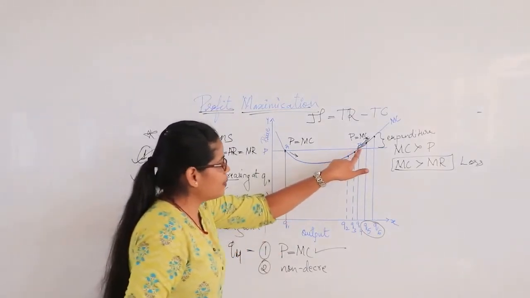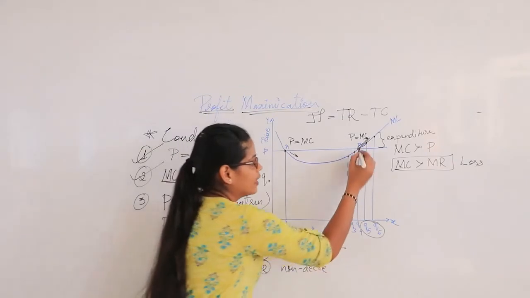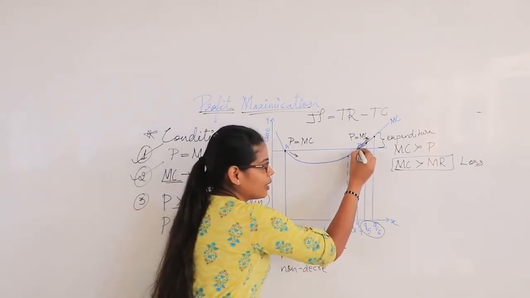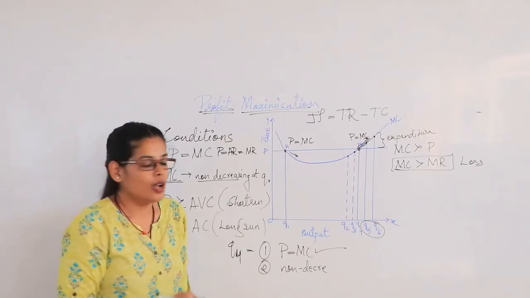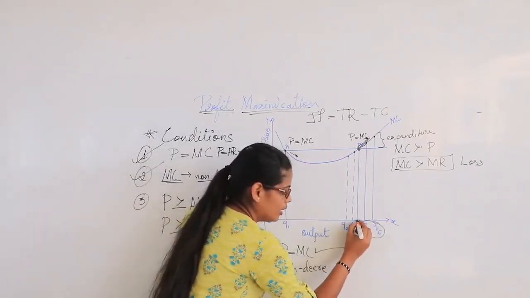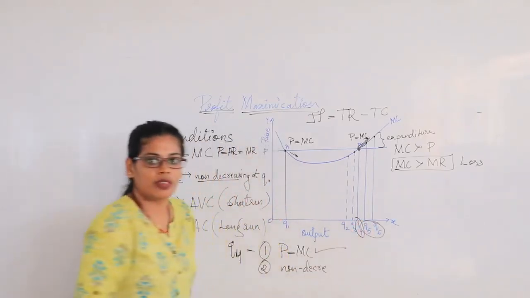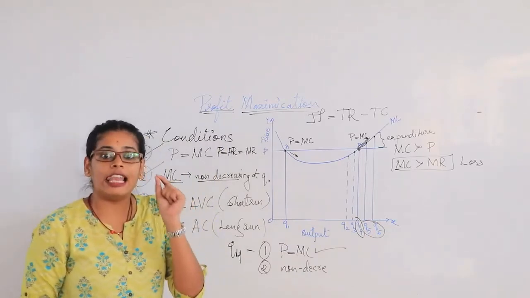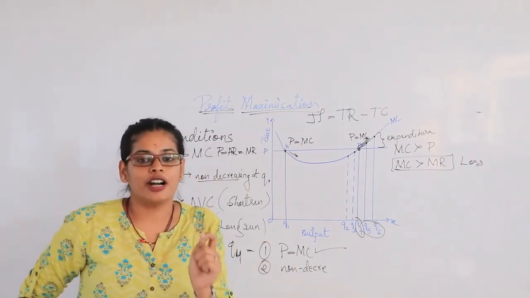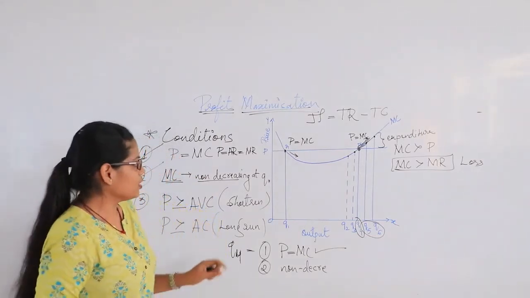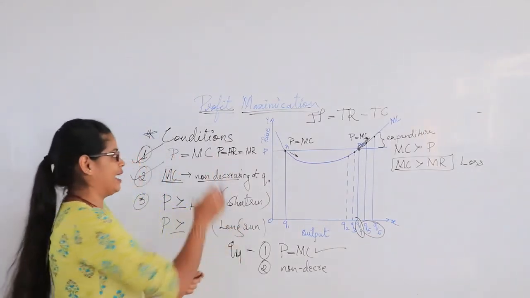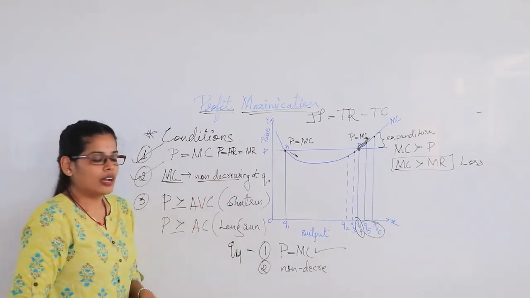So this is the point at which the company can earn its maximum profit. We call this Q4. Q4 is the level of output at which a firm makes its profit maximum. That's how we understand these first two conditions.